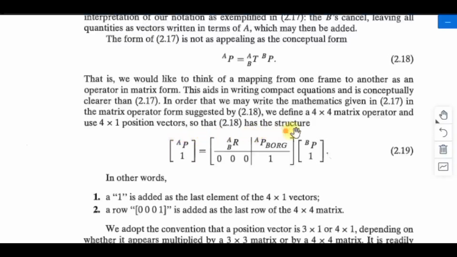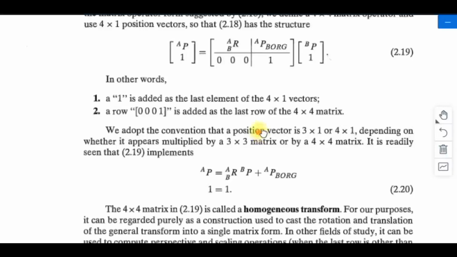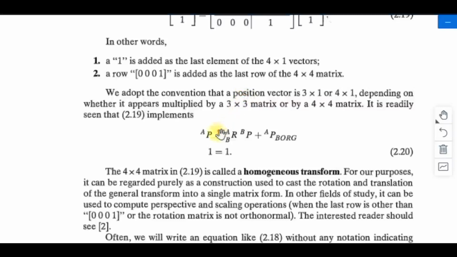Now, this complete matrix is the transformation matrix, meaning that you transform from one to another coordinate system, and this is called the homogeneous transform. So it is homogeneous transformation.